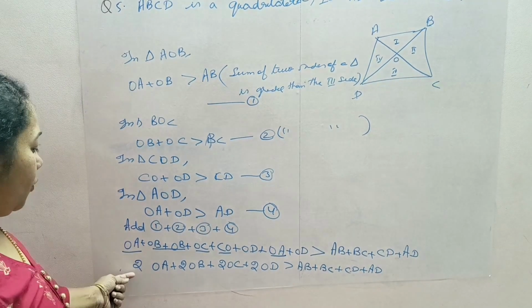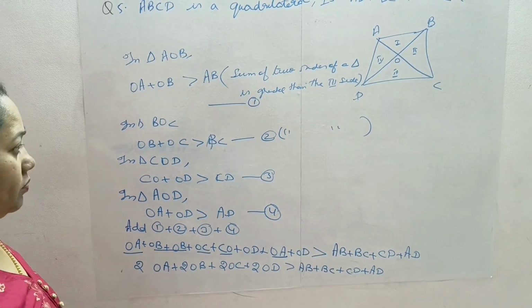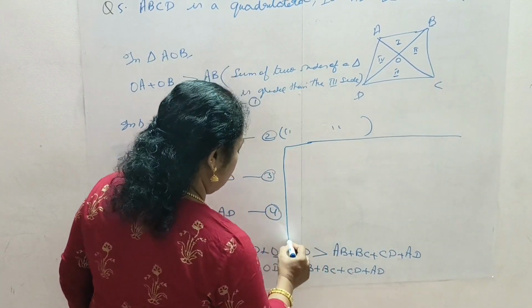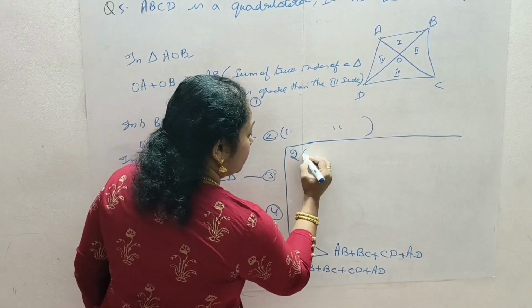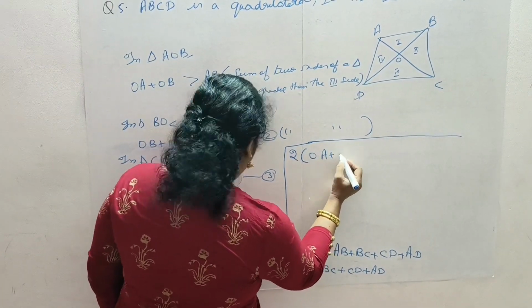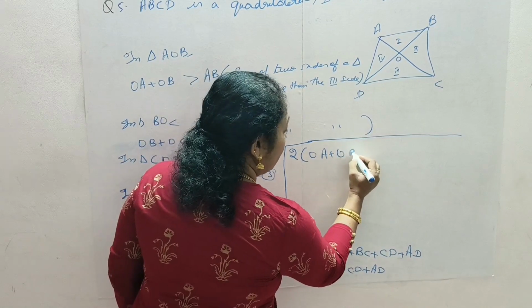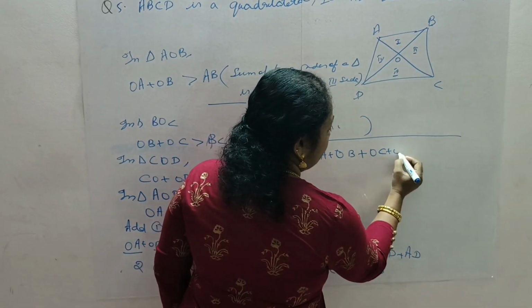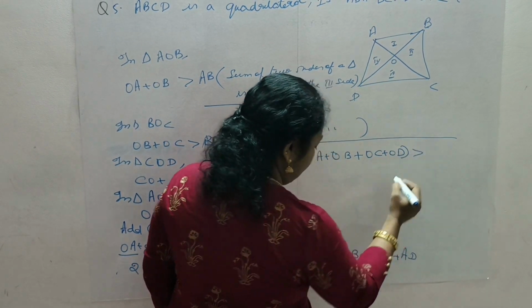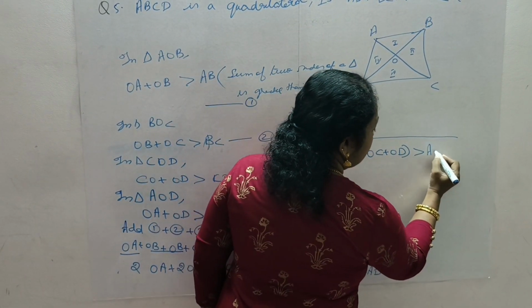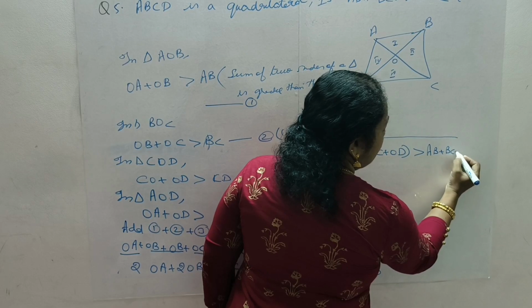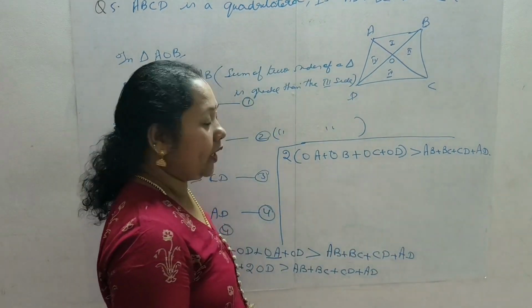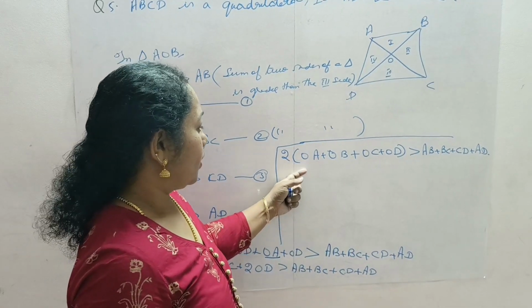Now in all of these 2 is common. So let us write here 2 bracket OA plus OB plus OC plus OD is greater than AB plus BC plus CD plus AD.